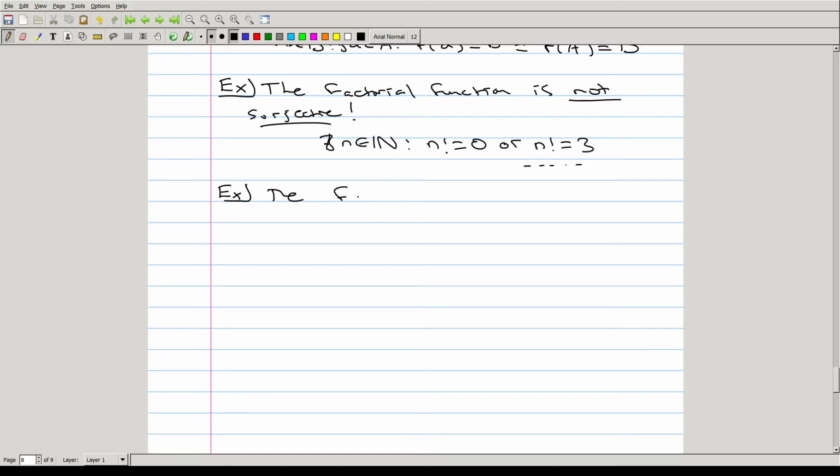The floor and ceiling functions are surjective.